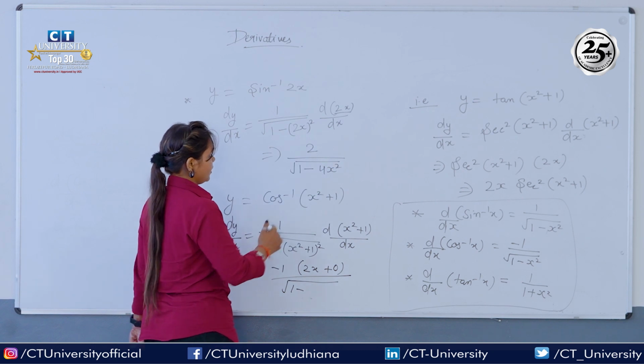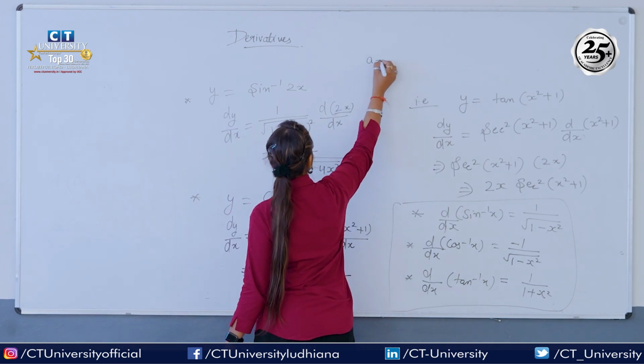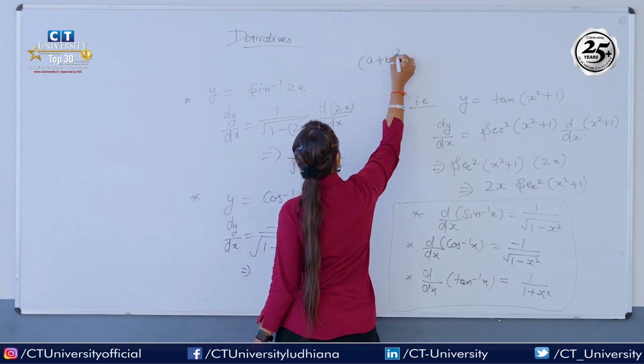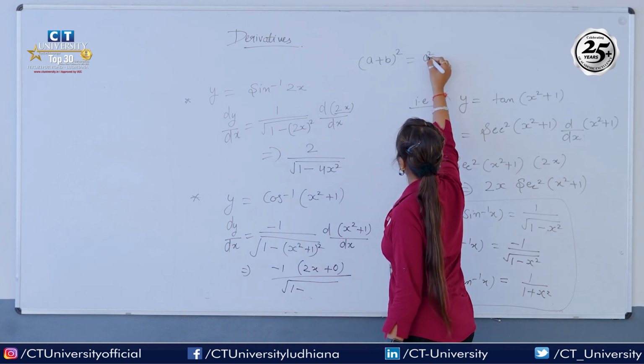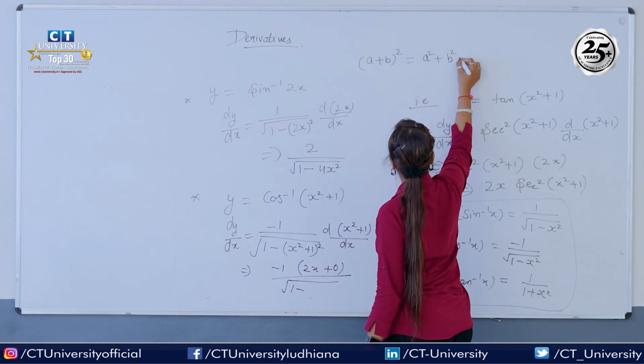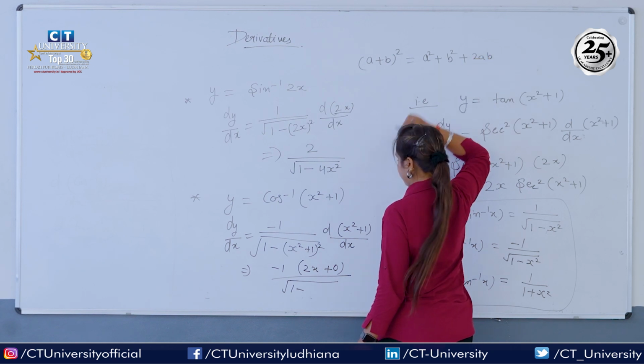We can apply the whole square formula here: (a + b)² = a² + b² + 2ab.